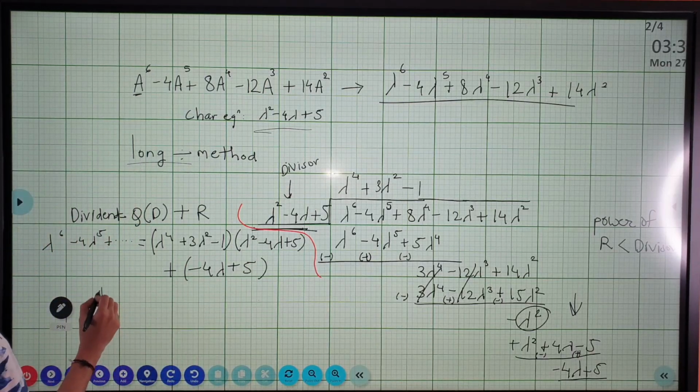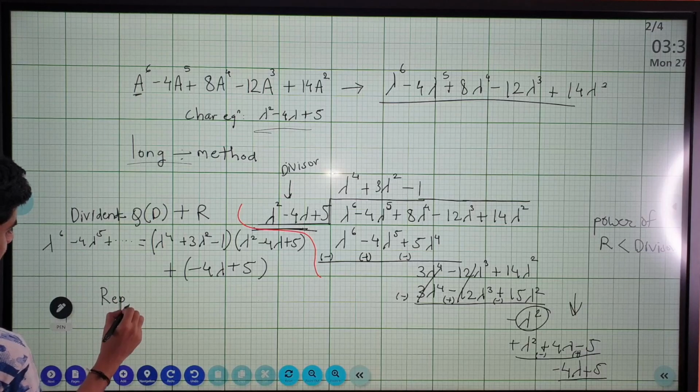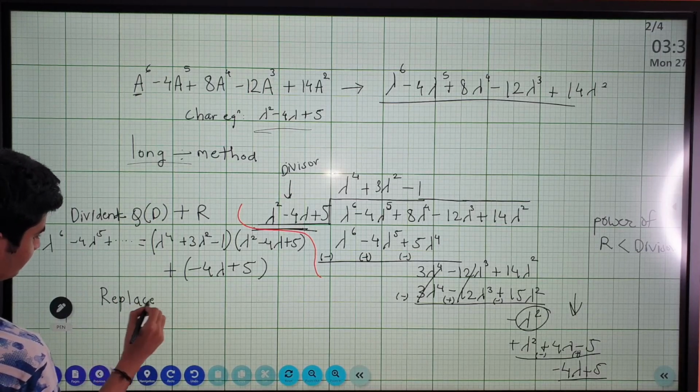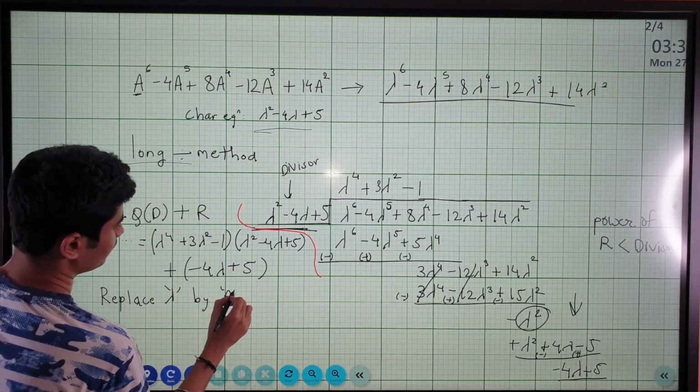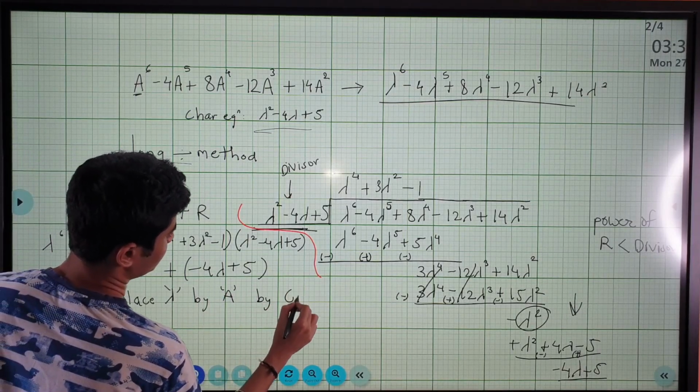Now we'll replace this lambda by A by the Cayley-Hamilton theorem.